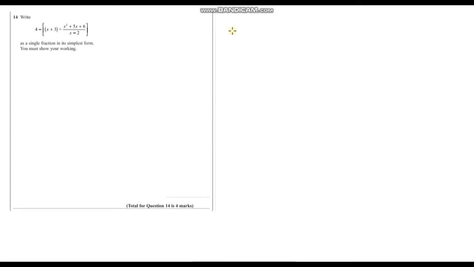So we've got x plus 3, and instead of dividing, I'm going to multiply it by this fraction, but flipped upside down. So on the top, we've got x minus 2, and in the denominator, we've got x squared plus 5x plus 6. I think that makes it a bit easier for us. Let's put over 1 here, just so we've got two fractions.